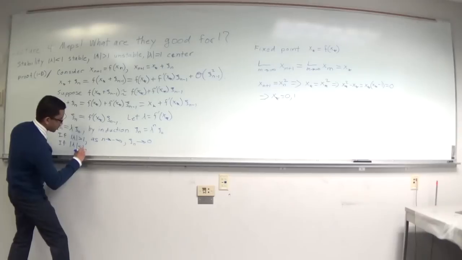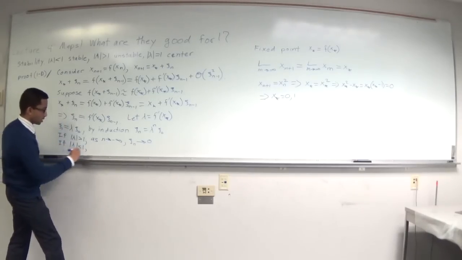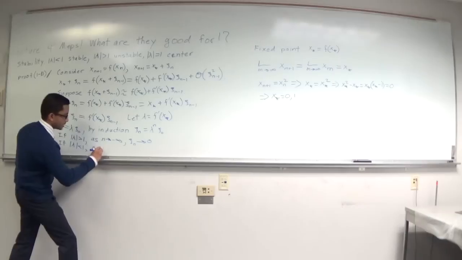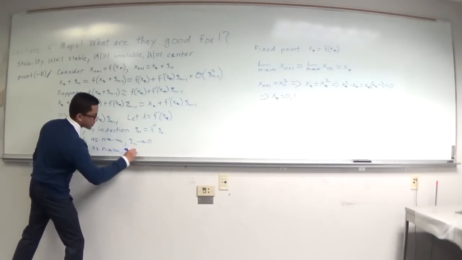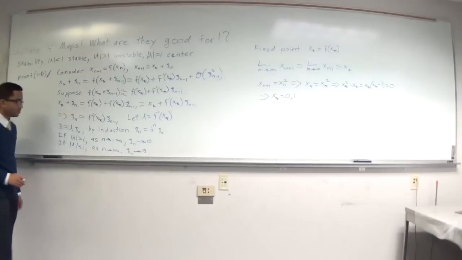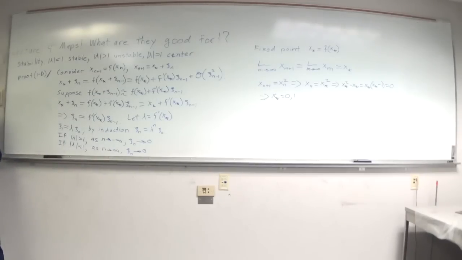So modulus of lambda less than 1, as n goes to infinity, Cn is going to go to 0. So diverging basically means that if we're going in backwards time, the perturbation is going to die down. So that basically means that in forward time, it's going to go away from that fixed point.